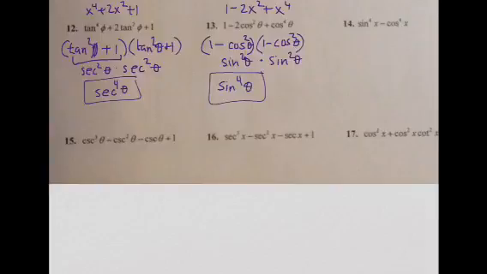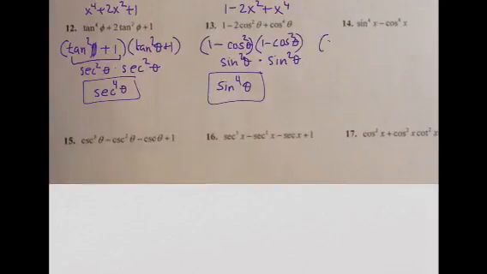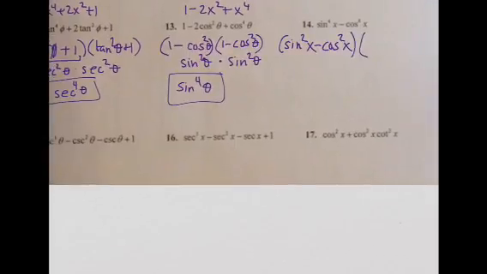Number 14 is the difference of 2 squares. So you would say sine squared x minus cosine squared x times sine squared x plus cosine squared x.